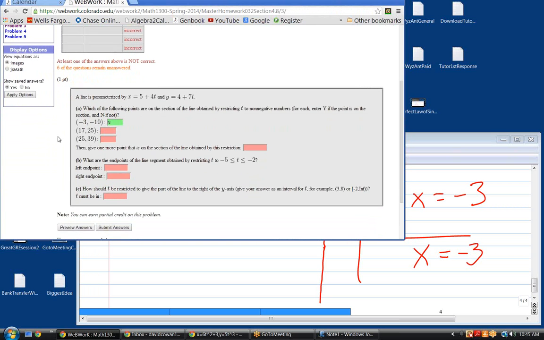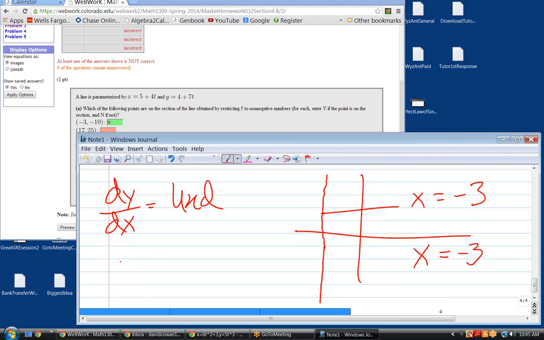Okay. Can we get 17 and 25? Well, with a positive t, I don't see why not. Let's see. Can we get 17 for x? 17 equals 5 plus 4t. So t would be 3.